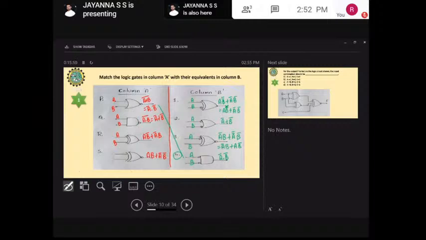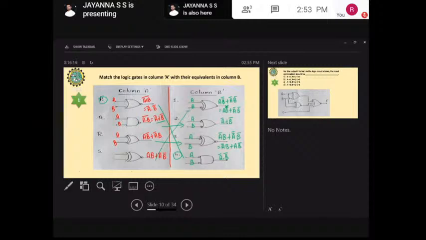This P equal to 4, since you are going to get A bar, B bar, it is equal to this one. Next, coming to A bar plus B, look at here. This Q is equal to 2. Coming to R, AB bar plus A bar B, so it is equal to 3. Next, the fifth one, AB plus A bar B bar, will be equal to 1.